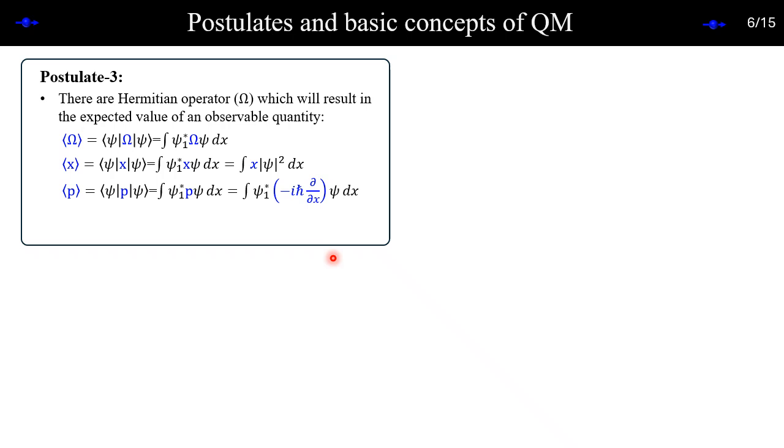The average value is the probability multiplied by lambda, summed over it: lambda 1 mod d1 square, lambda 2 mod d2 square. That is what the expectation value is.